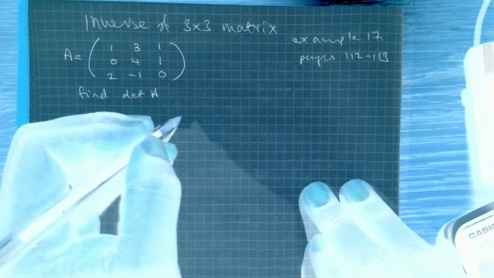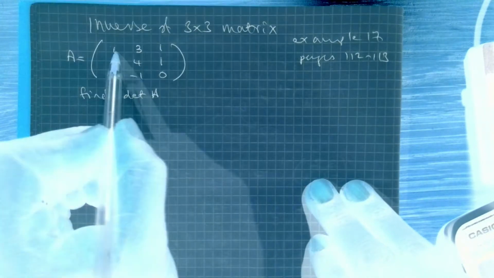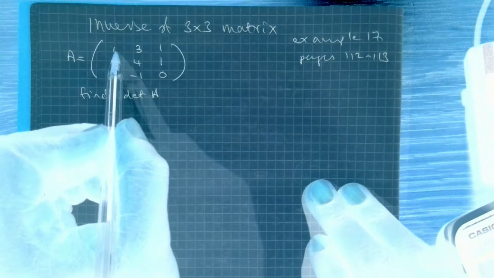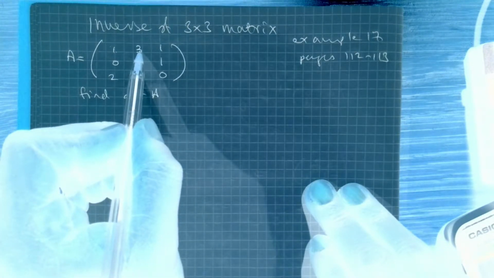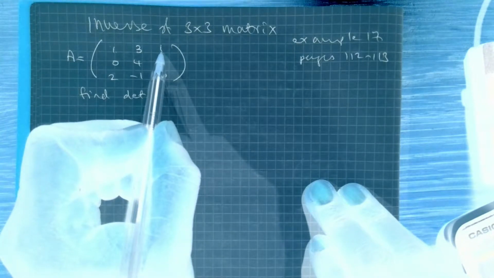Now remember, if we call this A, it's A times its minor minus B times its minor plus C times its minor.